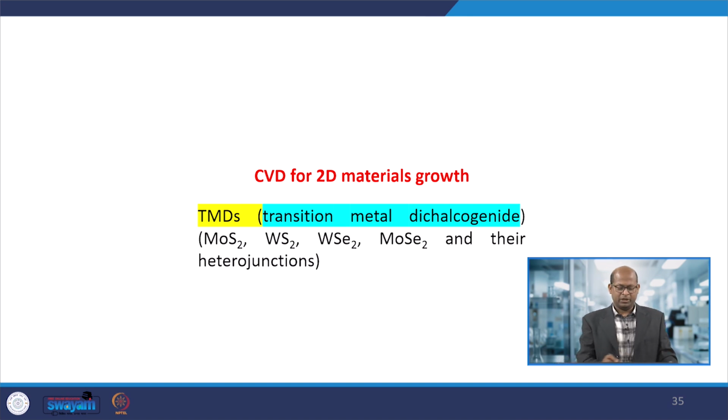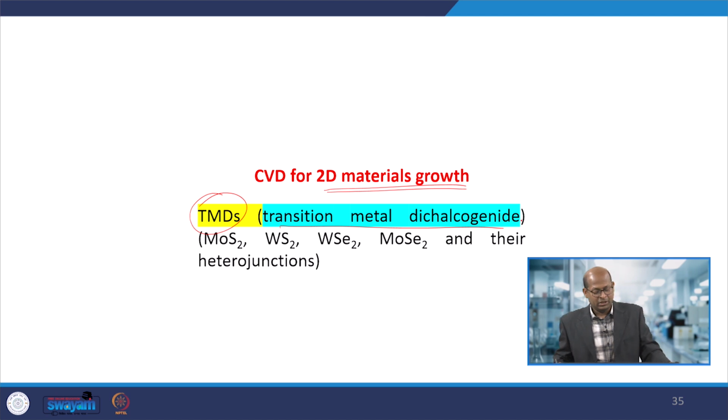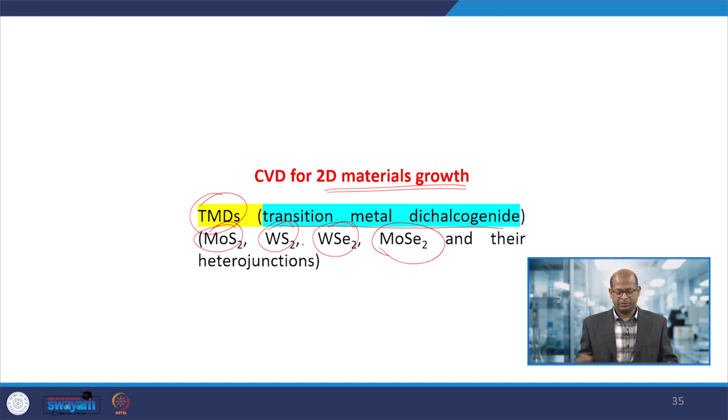Apart from that, some 2D materials can also be grown with the help of the CVD process. TMDs, transition metal dichalcogenides, are basically molybdenum sulfide, tungsten sulfide, molybdenum selenide and tungsten selenide. These heterojunction materials can also be prepared using CVD methods.